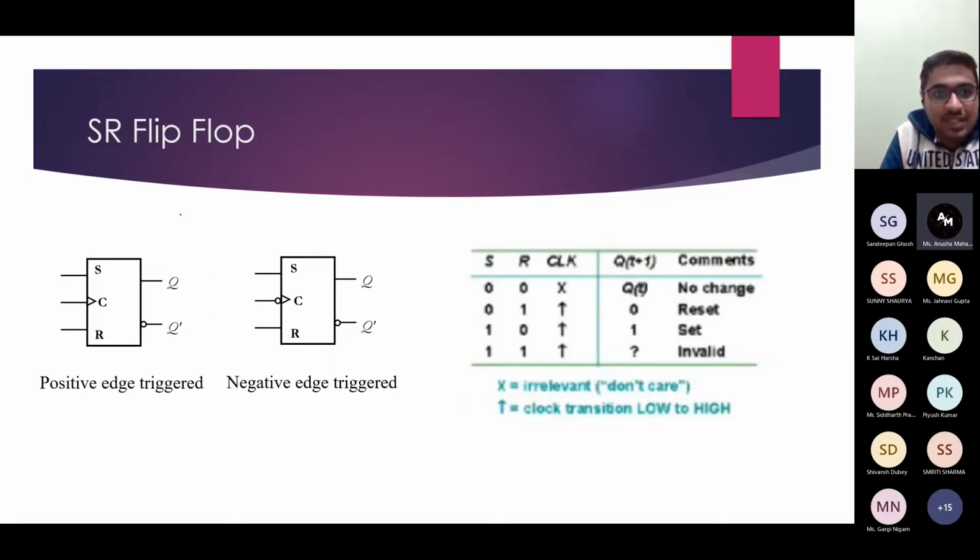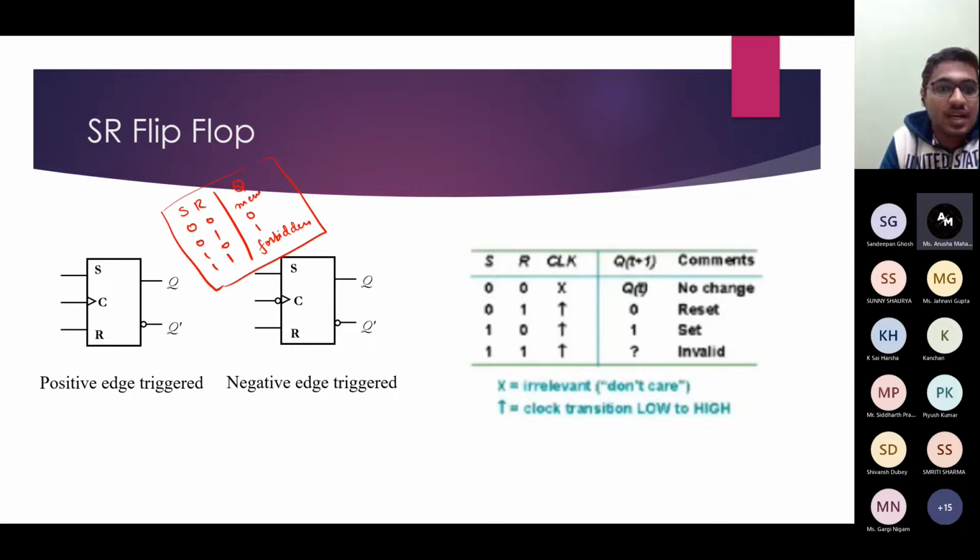If you remember SR latch, it was 0 0, 0 1, 1 0, 1 1, and output was 0 0 means memory, and 1 1 was forbidden, and for this 0, and for S1, that's R. So this is the same for the SR flip flop also.